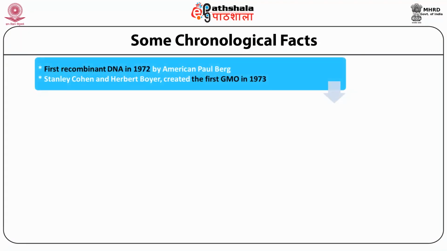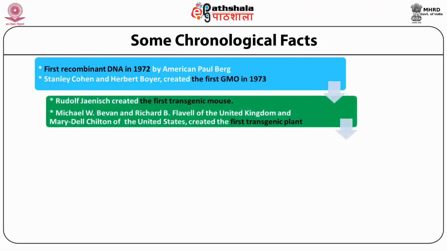The first recombinant DNA was made in the year 1972 by American Paul Berg. Later, in 1973, the first GMO was created by Stanley Cohen and Herbert Boyer. Then came the first transgenic mouse and later the first transgenic plant, obviously abroad, not in India.